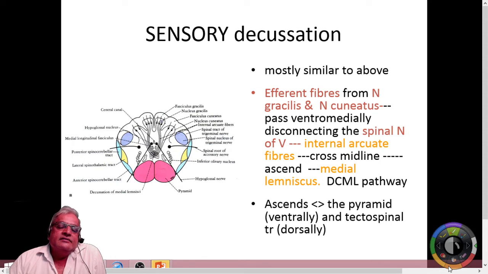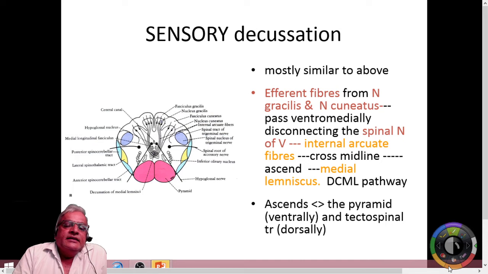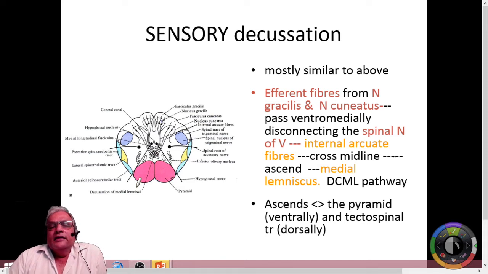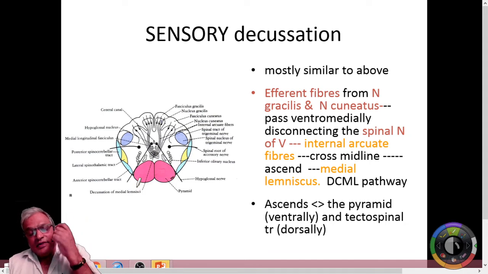So that is the three neuron chain that you get there. So that is where you find the decussation: sensation from the left side goes to your right cortex and from the right side goes to your left cortex. So this is the sensory decussation. The rest of it is mostly similar to what we have seen in the pyramidal section at the level of the pyramid.